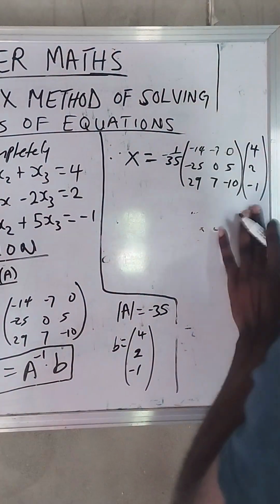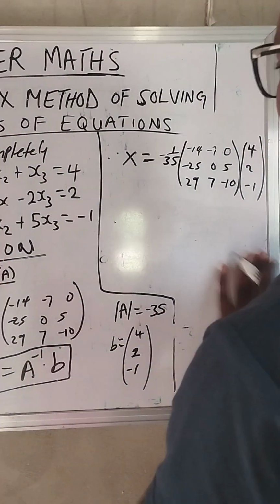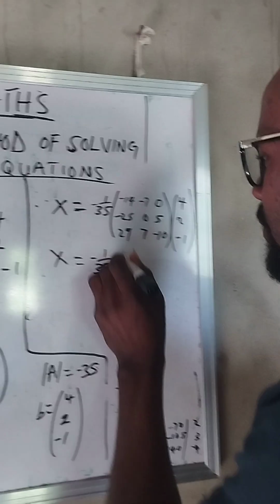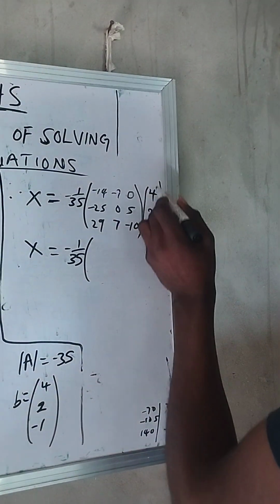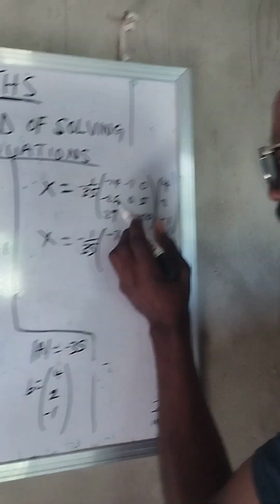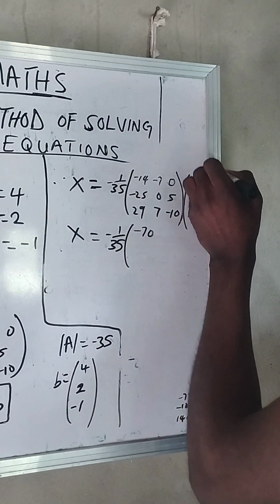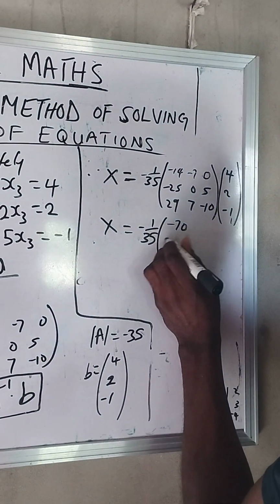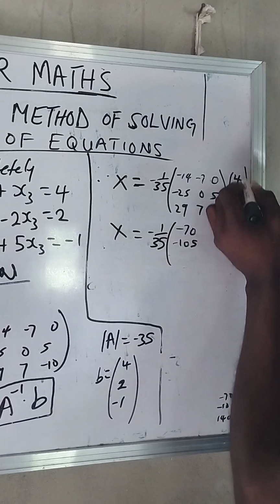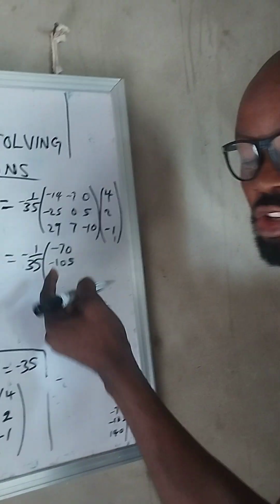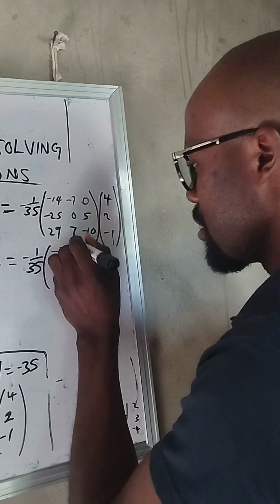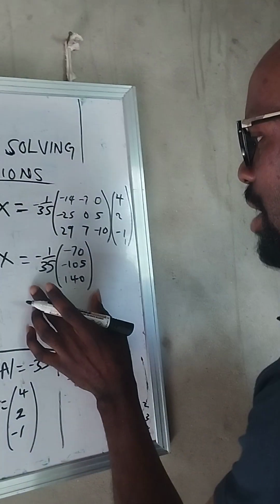So x is equal to minus 1 over 35 times this, which I did, is minus 70. When the second row multiplies this column matrix, you are going to have minus 105. And when the third row multiplies this column matrix using the same procedure I used for the first one, you're going to have 140. For the sake of time, you're going to have this.